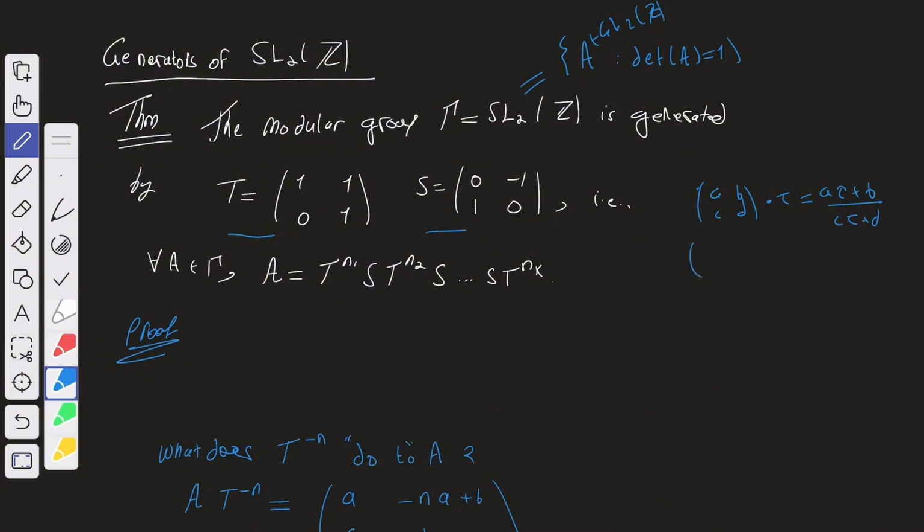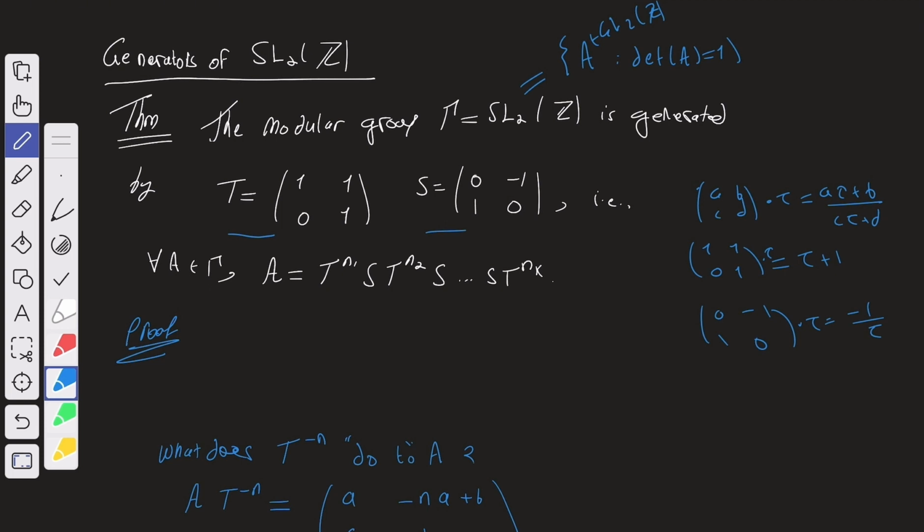T acts on an element tau by translation by 1. And how does S act? It's just an inversion.